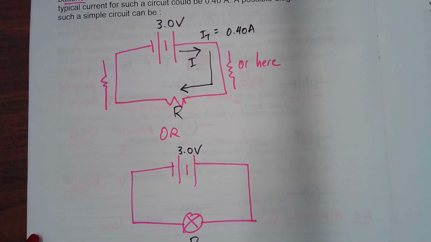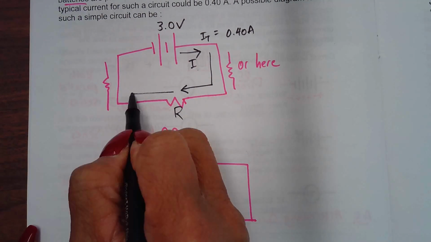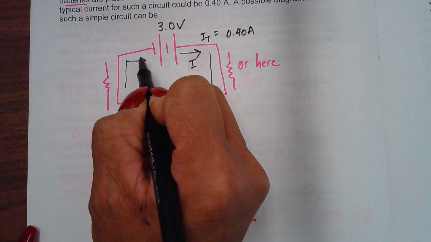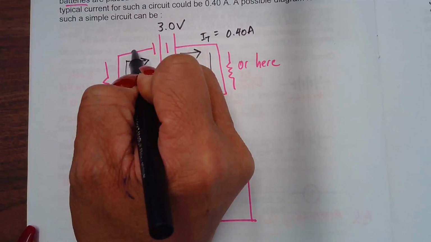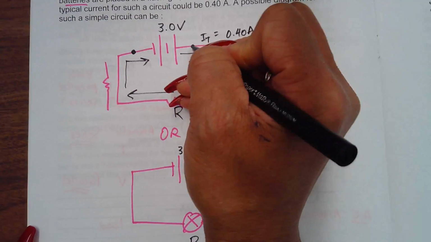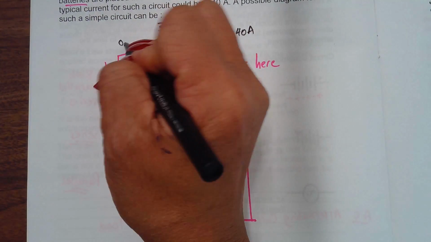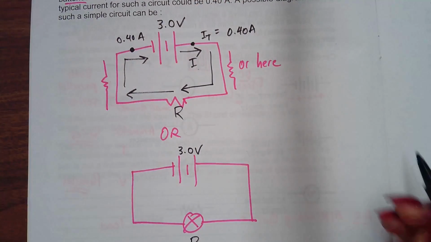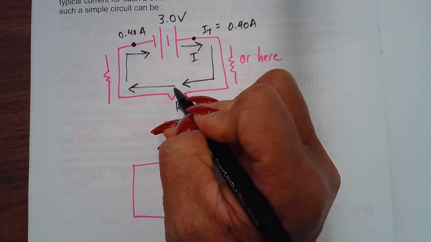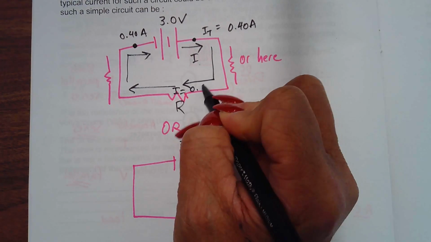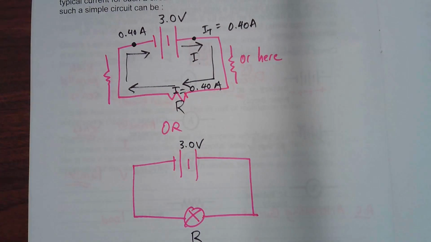What's gonna happen here? It's gonna spit it right back into the system. So how much current do you think is gonna be in this wire? If 0.4 amps is running in this wire, you're gonna get 0.4 amps running here, and the I here is also gonna be 0.4 amps because there's only one.